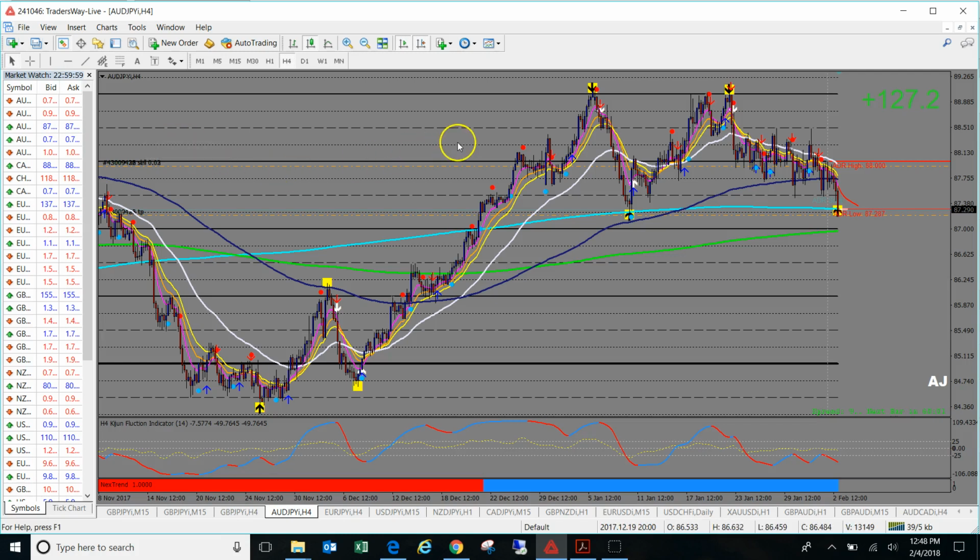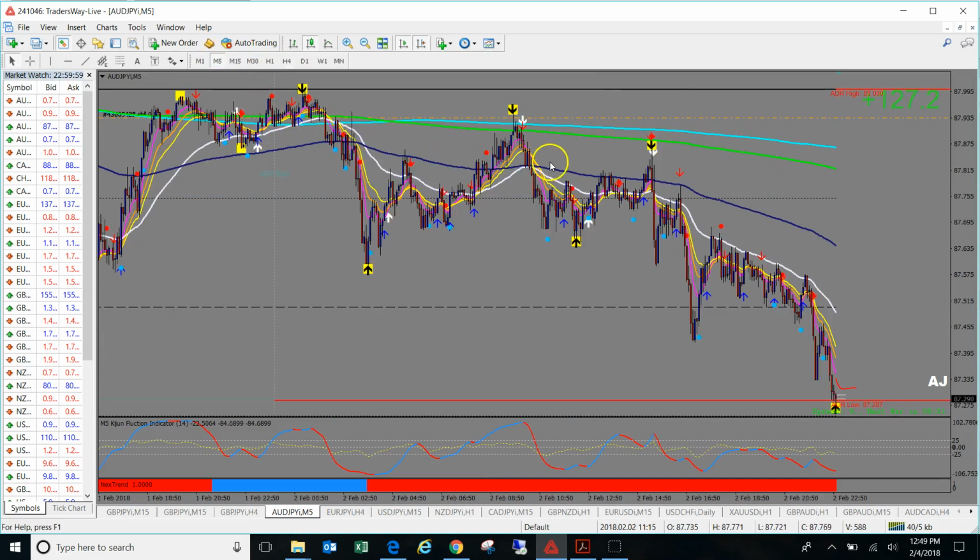A lot of people like a minimum of 10 to 20 pips when scalping. So if you can get something that easily, let me go down to the 5-minute. That's easy, just going off of these zones. 25 pips, 25, another 25.